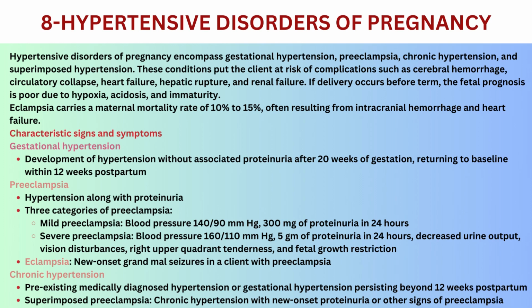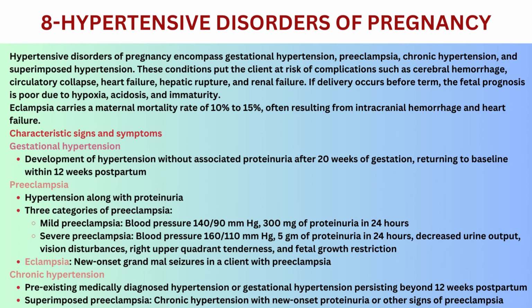Three categories of preeclampsia: mild preeclampsia, blood pressure 140 over 90 mm Hg, 300 mg of proteinuria in 24 hours. Severe preeclampsia, blood pressure 160 over 110 mm Hg, 5 g of proteinuria in 24 hours, decreased urine output, vision disturbance, right upper quadrant tenderness, and fetal growth restriction.